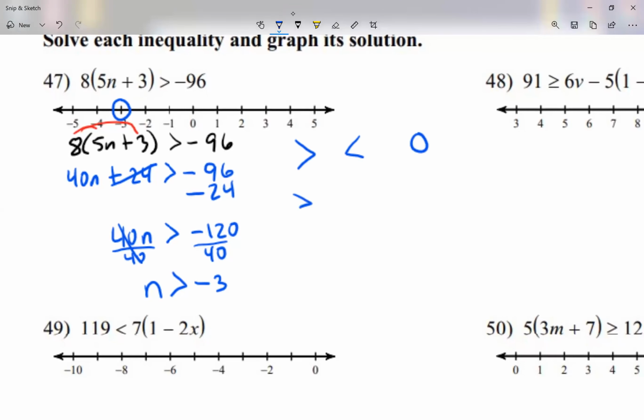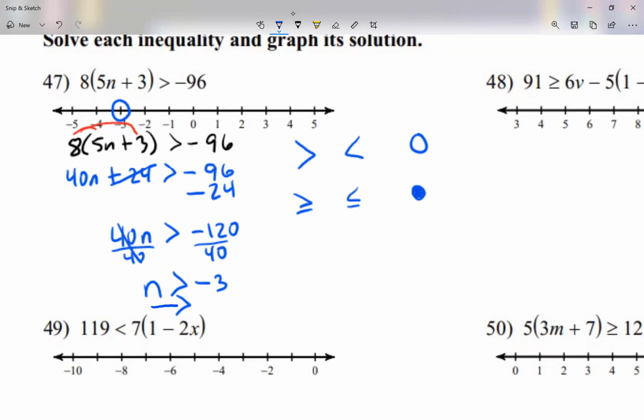If I get greater than or equal to, or less than or equal to, so if it has the or equal to, I get a closed circle. So in this case, it's an open circle. Look at my inequality sign. It looks like an arrow that's pointing to the right. So on my graph, let me go towards the right.